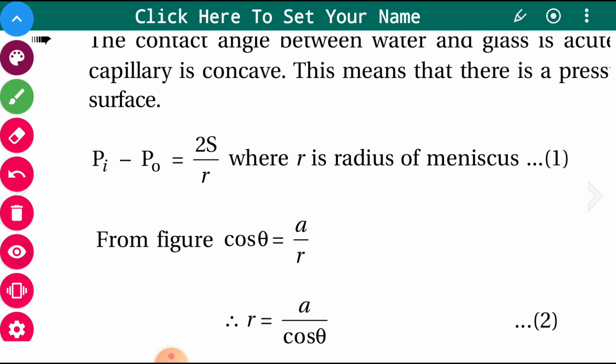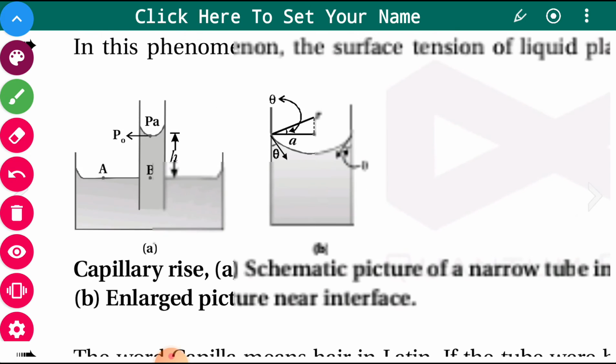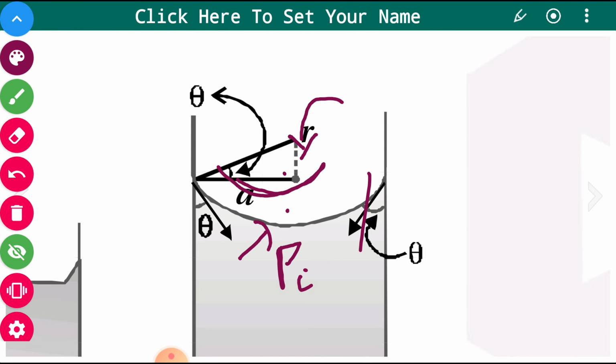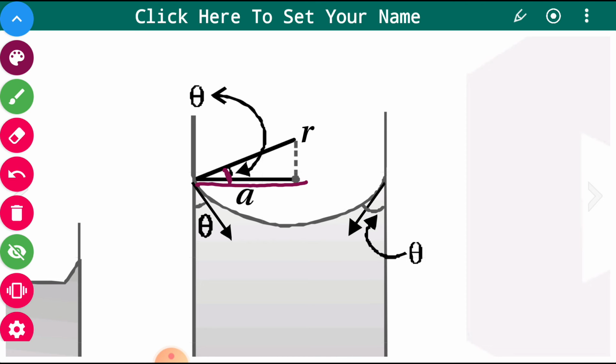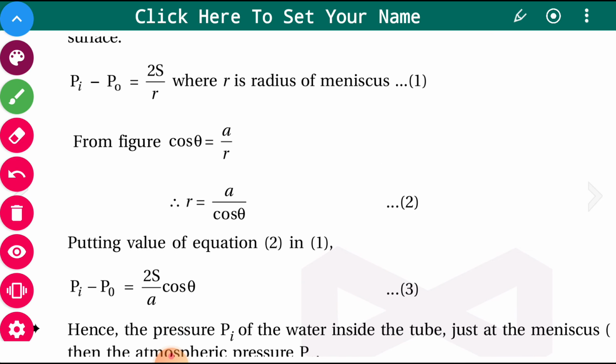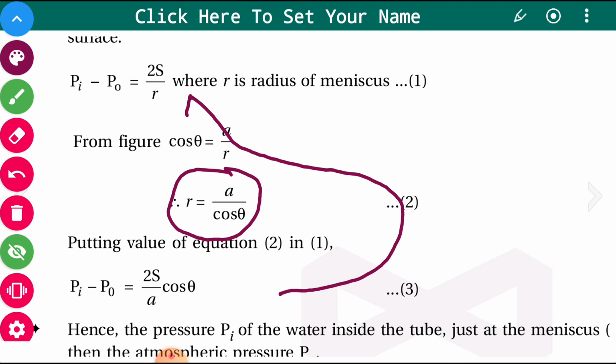Now from the figure you can take cos theta is equal to a upon r. Cos theta is adjacent upon hypotenuse, so it becomes a upon r, so r is equal to a upon cos theta. Now instead of r we write a upon cos theta in this equation.